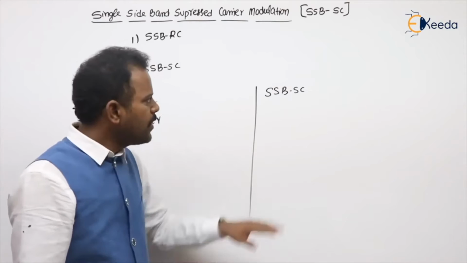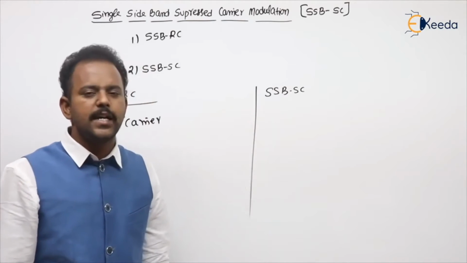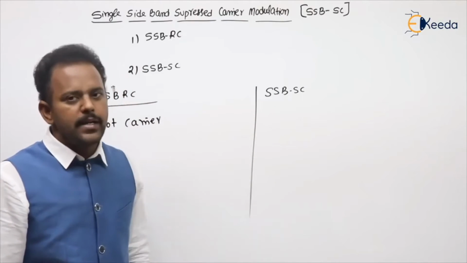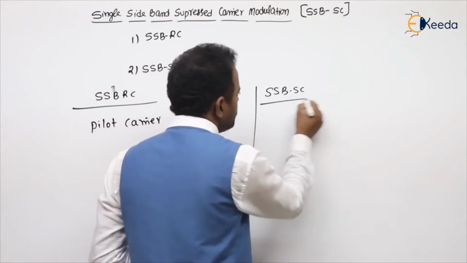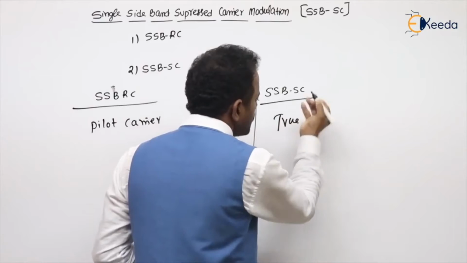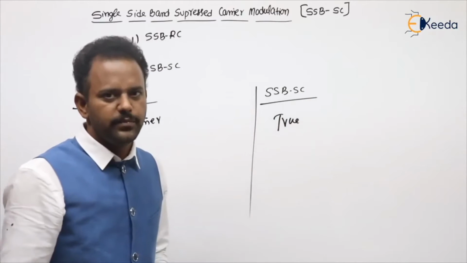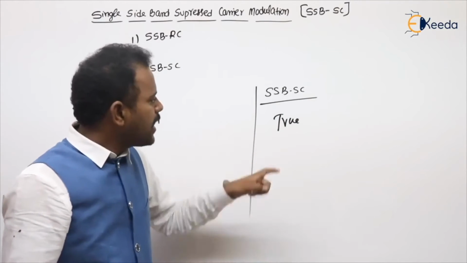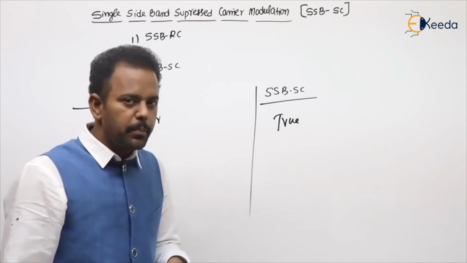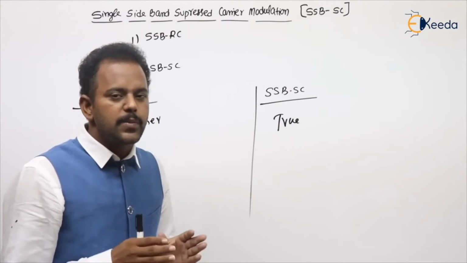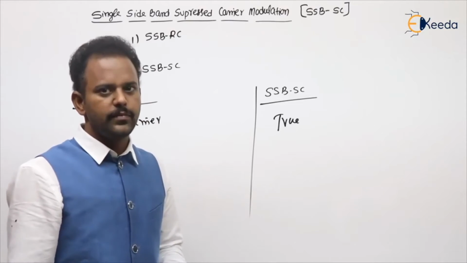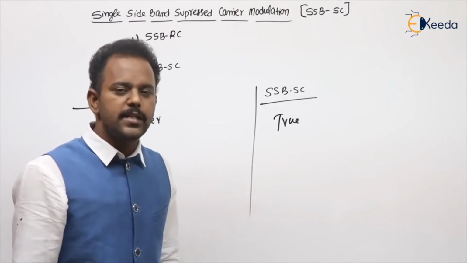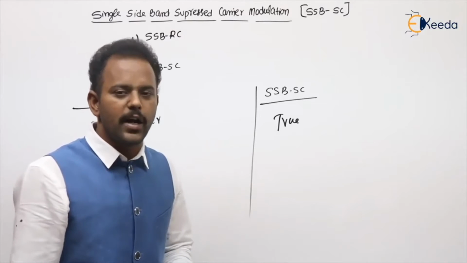Now, what is SSB-SC, sir? Single sideband suppressed carrier, also called true SSB. Here also we sometimes use a pilot carrier, especially in point-to-point communication, where we are using SSB-SC for transmission of voice.